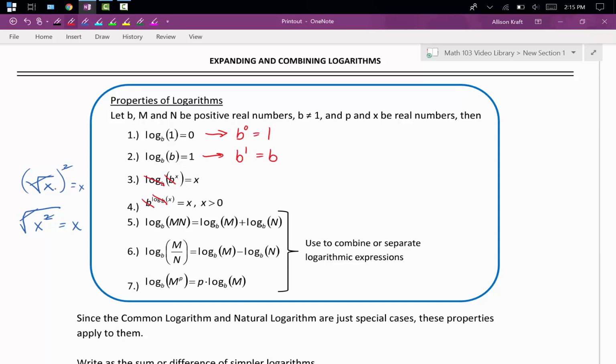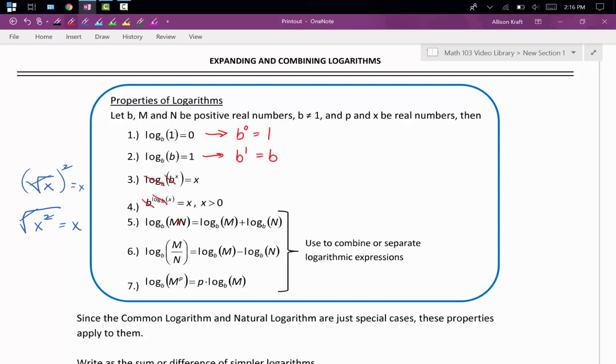The next three properties are the ones that we're going to use to combine or separate logarithmic expressions. Property number 5 says if you have a product inside the argument of your log, so log base b of m times n, this can be rewritten as log base b of m plus log base b of n.